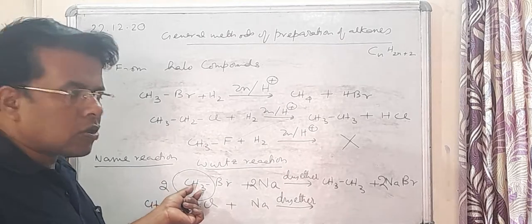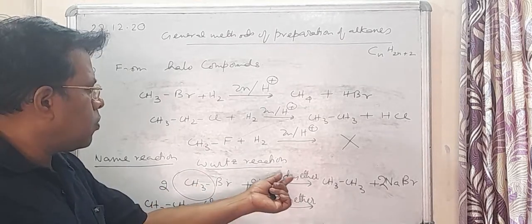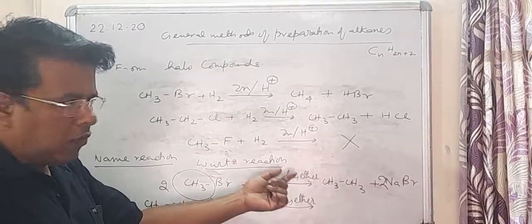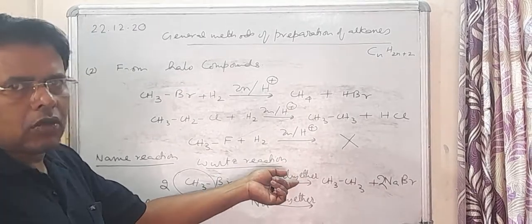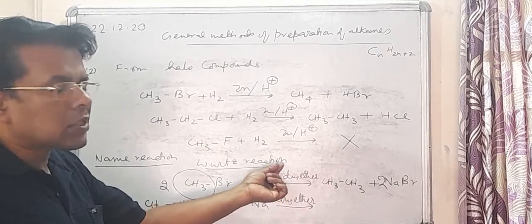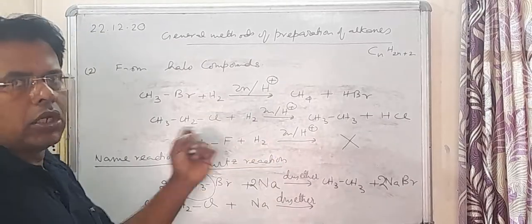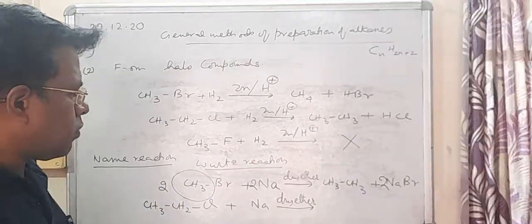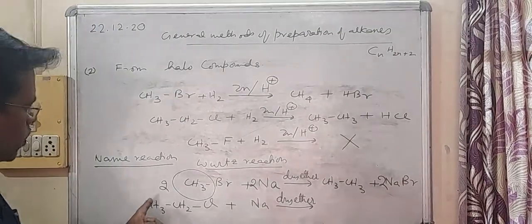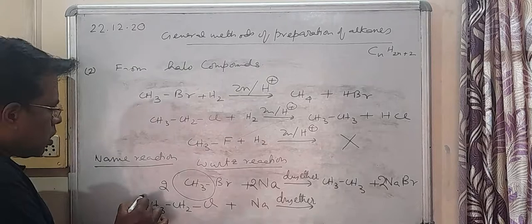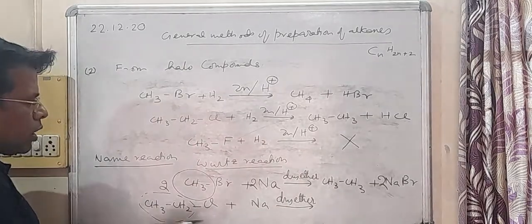Okay, it does not dissolve in water. That's why we have to take as solvent dry ether. Dry ether means ether, a liquid which does not have any moisture in it. No moisture, free from moisture. That's called dry ether. So here again, these two fragments will get joined.